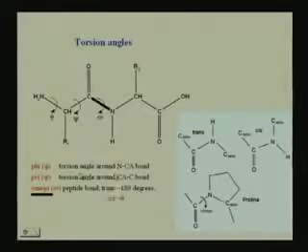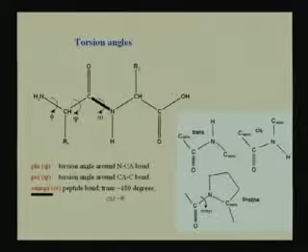So, what would I expect? I would expect the peptide bond to be preferably trans in nature. Okay? So, now there are different definitions for the torsion angles, but before I get into explaining to you what the torsion angles or dihedral angles are, I am going to explain some geometry to you.